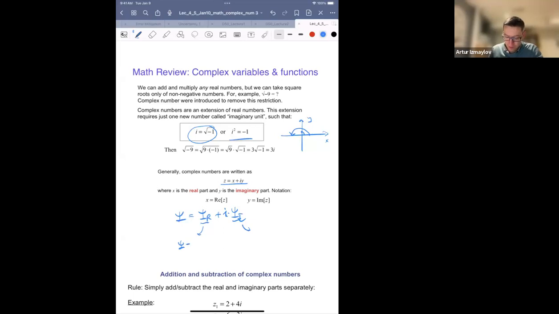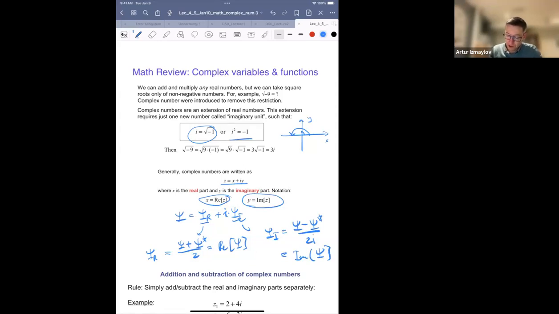For the real part, you can do psi plus psi conjugated, divided by 2. That will be psi real. Another way to write this quantity is real part of psi. And the imaginary part can be obtained by doing psi minus psi conjugate divided by 2i. Another way to say it is the imaginary part of psi. Right, so this is for numbers, this is for the functions.